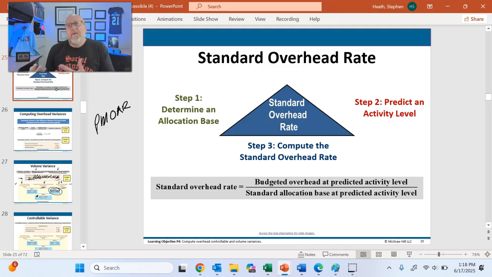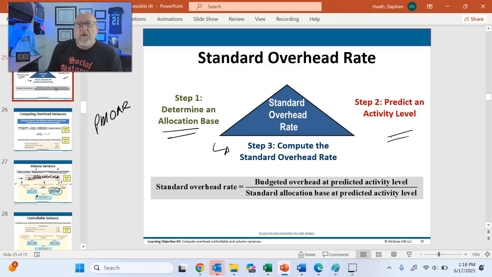We're going to allocate overhead based on that rate. And the way that we will do that is we will determine an allocation base, and then determine how much of that allocation base we think we'll use, and then do the calculation.